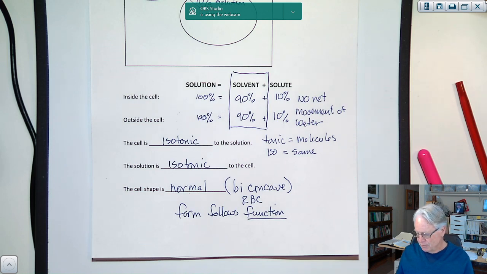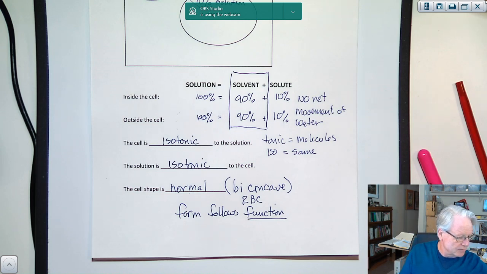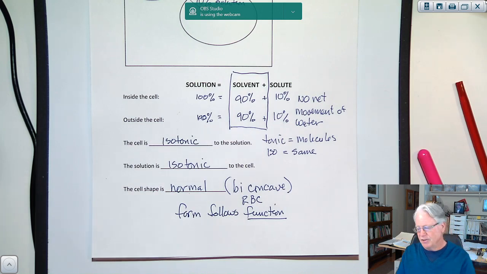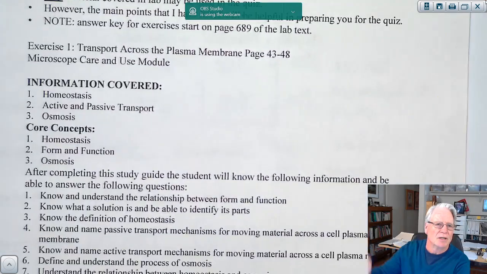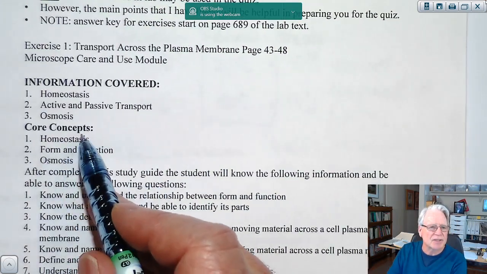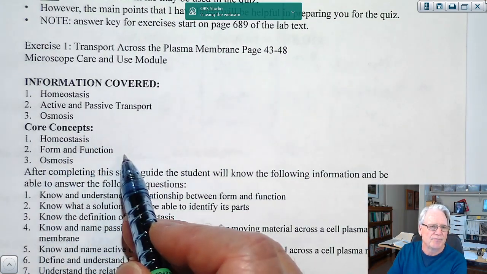Form follows function. Remember that at the beginning we talked about the concepts. Let me find that very quickly here. There we go. The core concepts of this lab: homeostasis and form follows function.